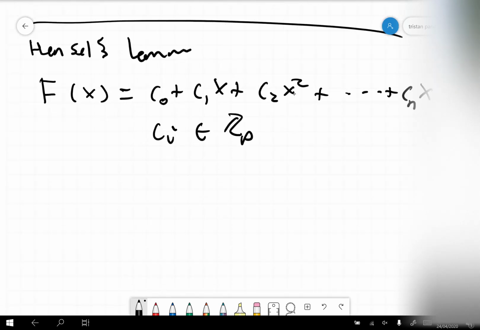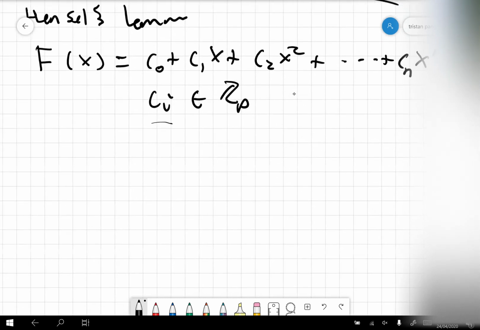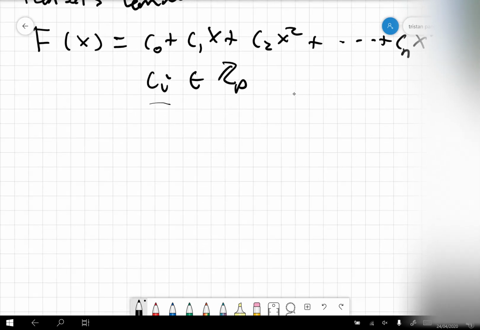And if one of the ci's was a fraction, we just multiply by the greatest common denominator and make the whole thing in the integers.